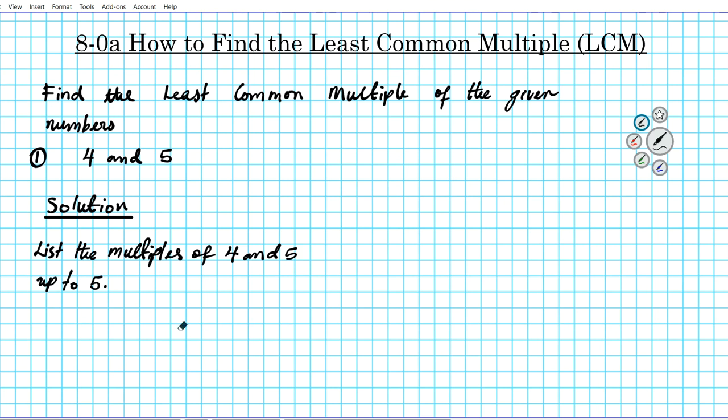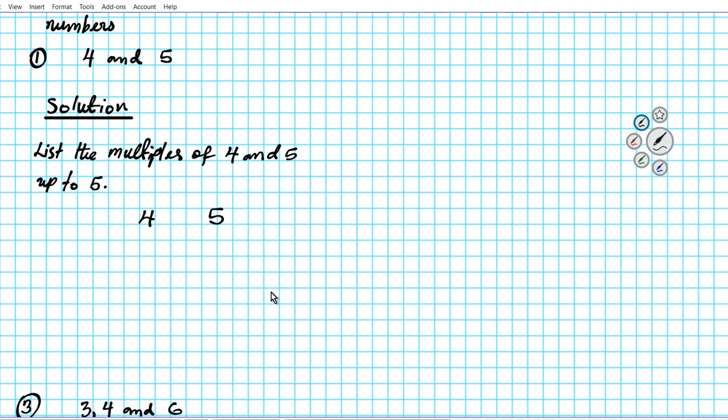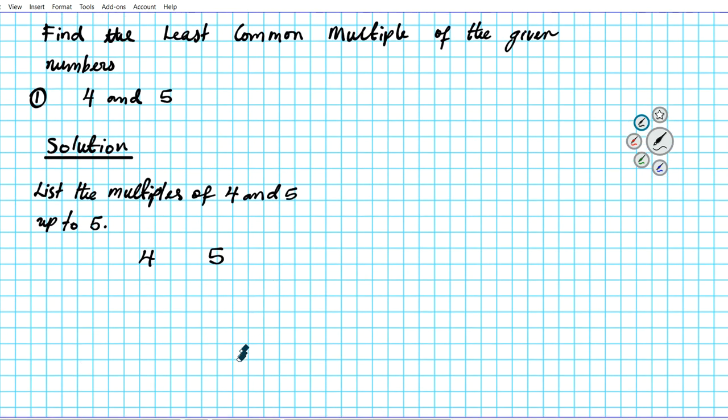All right, so when I say list the multiples of 4 and 5, we're basically looking for our multiplication facts for 4 and 5 all the way to 5. All right, but if we can find a common multiple of both of them earlier, then we don't have to go all the way. All right, so let's start with the smaller of the two. Okay, and then we're going to list all the multiples of the smaller up to the bigger.